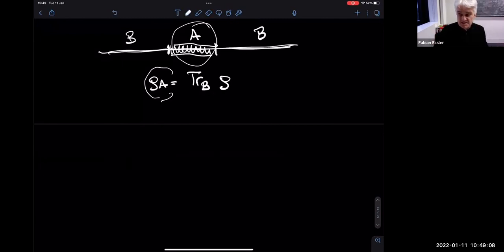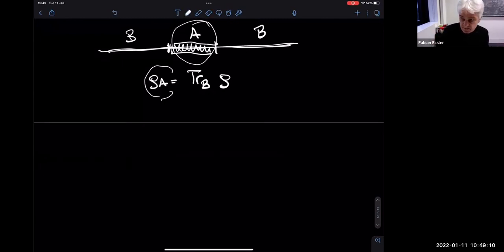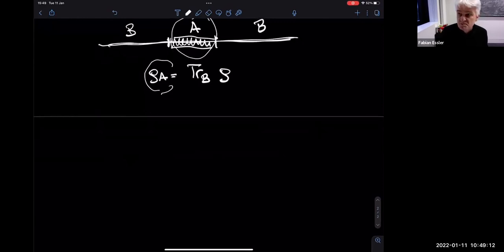Because everything is discrete. So let's just do the same thing for a lattice model of spins.